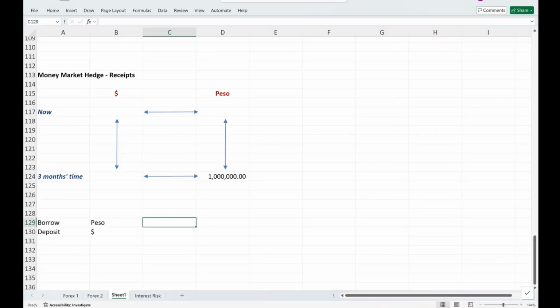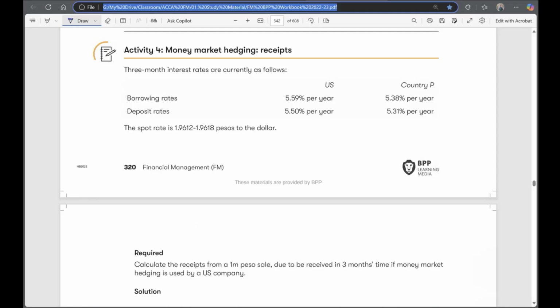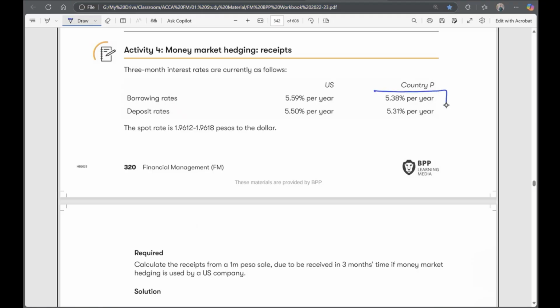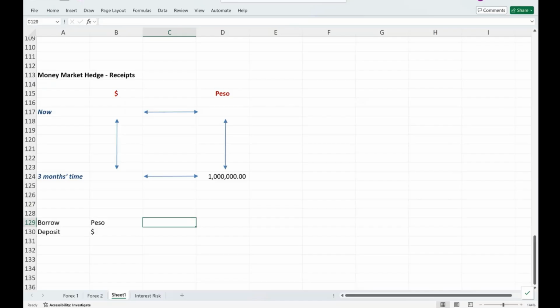So first of all, let's find the peso borrowing rate. The peso borrowing rate is, I think, this one. It's opposite: in case of payment we use this rate, now we're using this rate. And then you deposit in dollars, so we will use the depositing rate for dollar. The peso rate is 5.38%, divided by 4 because we need 3 months only, which gives 1.345%.